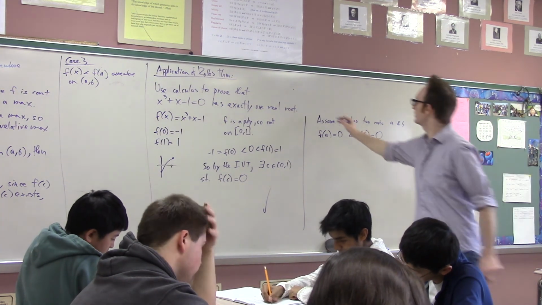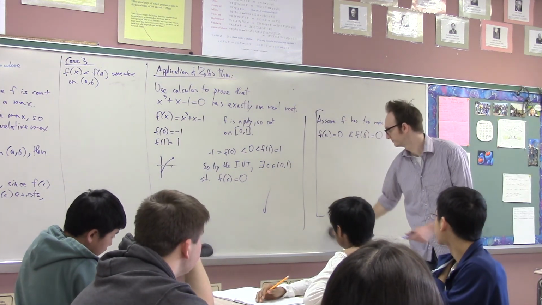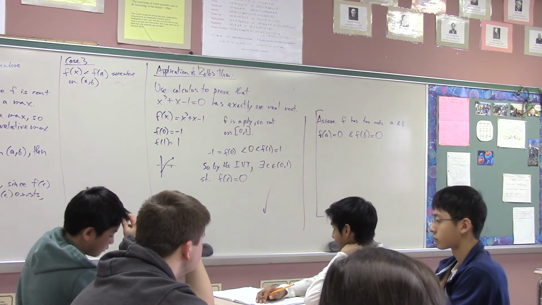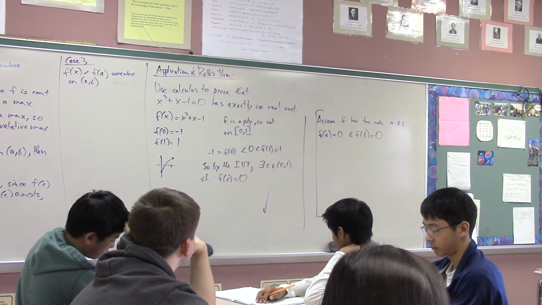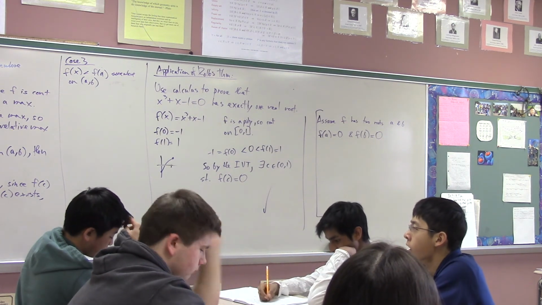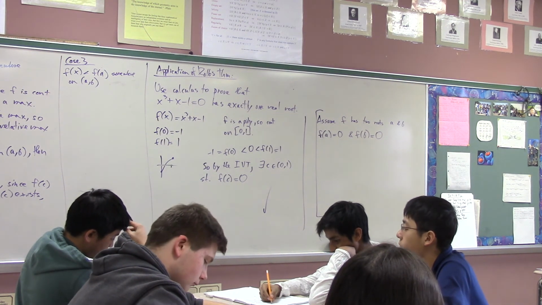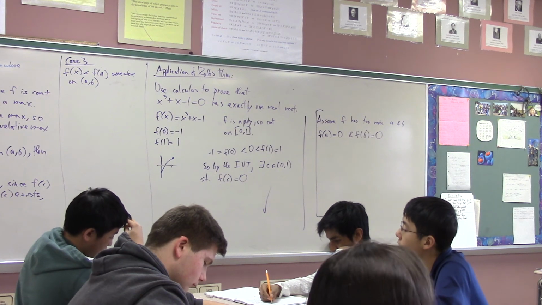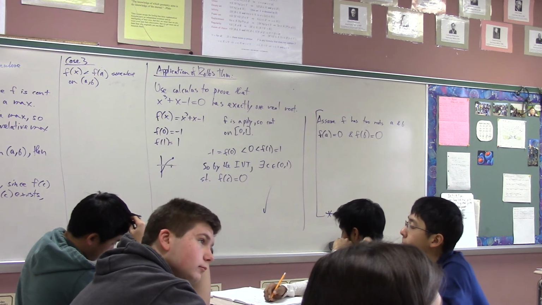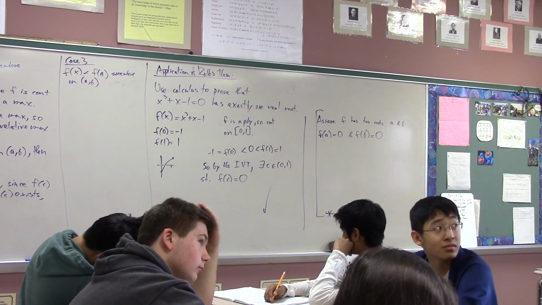And what we're going to try to do is show that this is impossible, right? Why is this impossible? Okay, f of a equals 0 and f of b equals 0. You heard anything about that? Oh, yeah. Rolle's theorem. Apply Rolle's theorem. Yeah, of course, right?